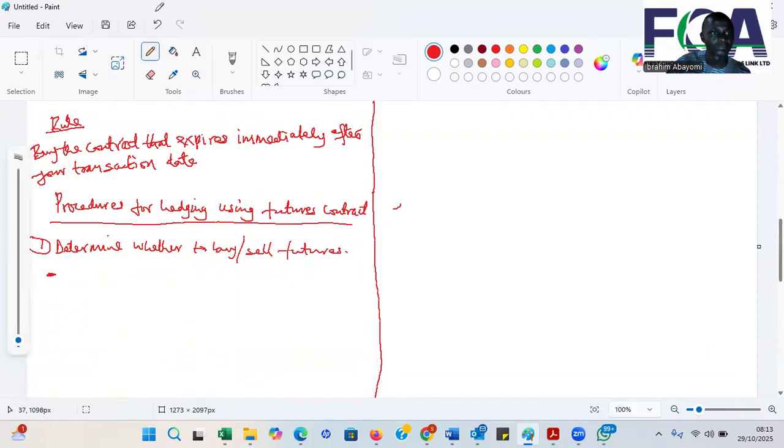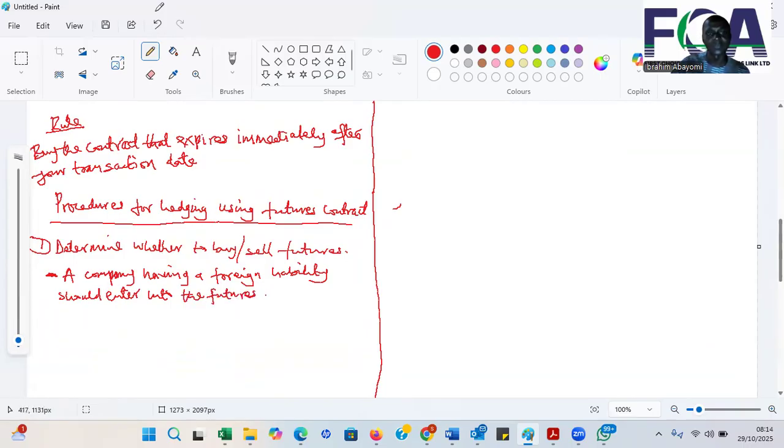So a company having a foreign liability should enter into the futures market.